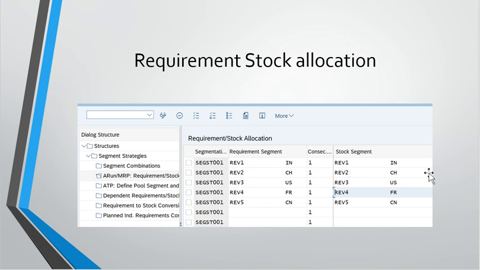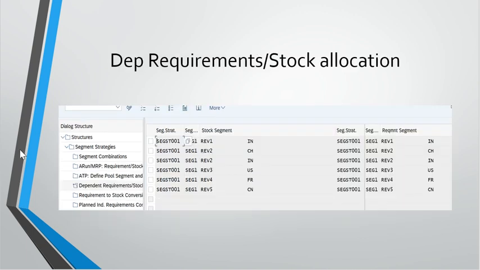It is not like, for the same material, if you are producing revision 2 but it is for China, you can deliver it to China only. It is not for India in that case. So this is how we will be defining the requirement and stock segment.